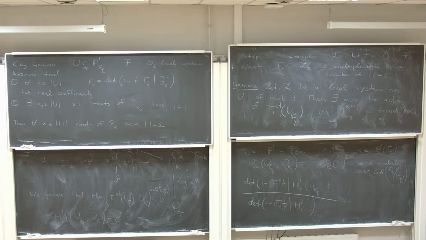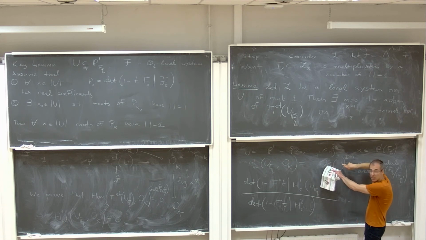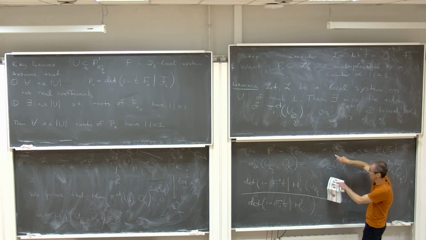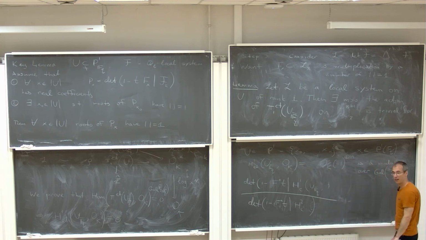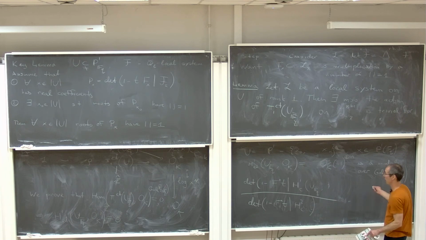So you see, I remove n points from P1, and for every point this gives me a contribution, but the sum of these residues is 0. So I have here n, and here n plus 1 points. Homology of A1 with Q_l coefficients is trivial. So we get the result.